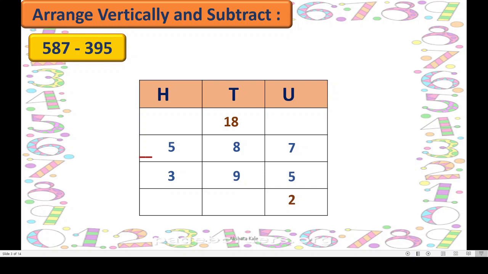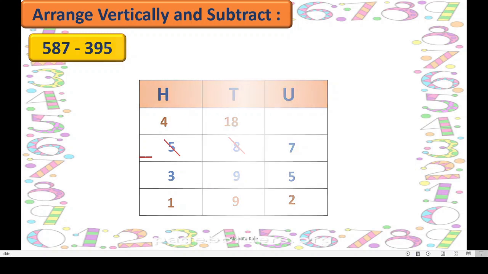And it becomes 18, isn't it? And 5 becomes 4. Now 18 minus 9 is equal to 9. And 4 minus 3 is equal to 1. This you know, isn't it? Untying hundreds. Right? So the answer is 192. Correct?